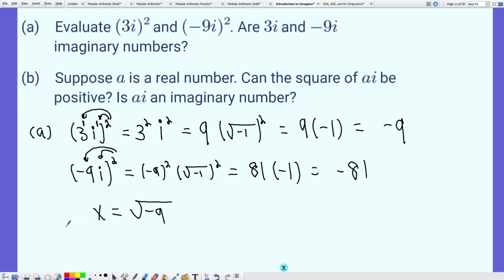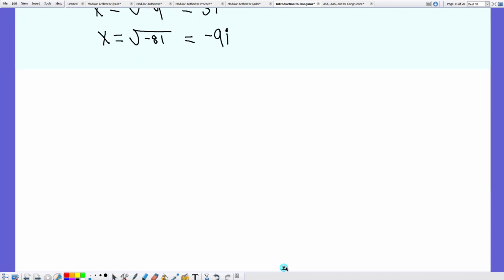We could eventually find out that that is the same thing as 3i. And if we have that x is equal to the square root of negative 81, we could find out that that is the negative 9i. So yes, they are imaginary numbers.